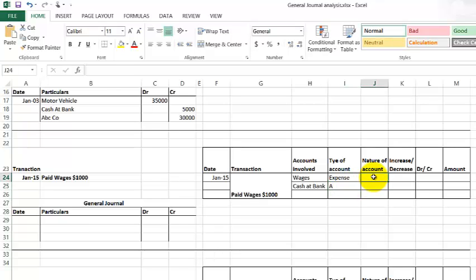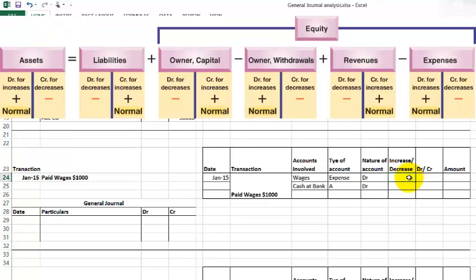Okay, the nature of account, by the rules that I taught you in the last lesson, an expense is always a debit. Okay, and as you've already seen, the cash at bank is a debit account. In this instance, the wages account, we incurred a wages expense, it went up. Okay, let's apply the rules.